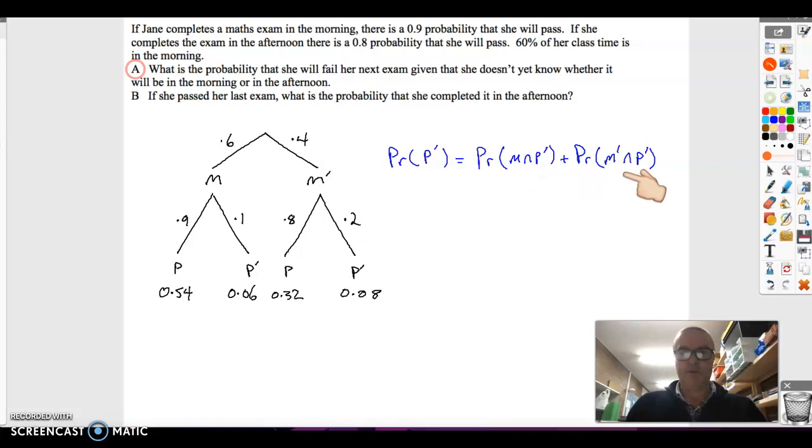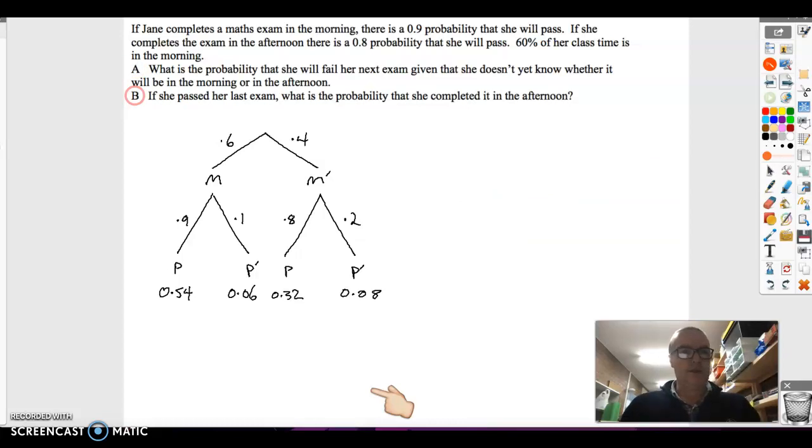There will also be a probability that she'll fail in the afternoon. And so adding those two parts of the diagram together, failing in the morning, failing in the afternoon. So that's 0.06 plus 0.08, which is 0.14. So there's a 14% chance that she will fail the next exam, not knowing whether it's the morning or the afternoon.